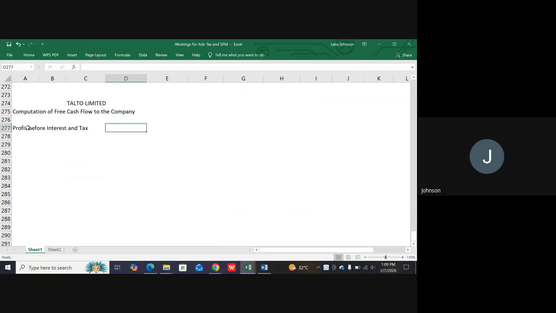The next thing is you want to less, depending on the one you want to get. If you want to get free cash flows to the total company, you don't need to deduct your interest. Normally we deduct interest first, but because here we are trying to get the cash flows to the total company, we are going to less taxation. So taxation is going to be at, let's check the amount.